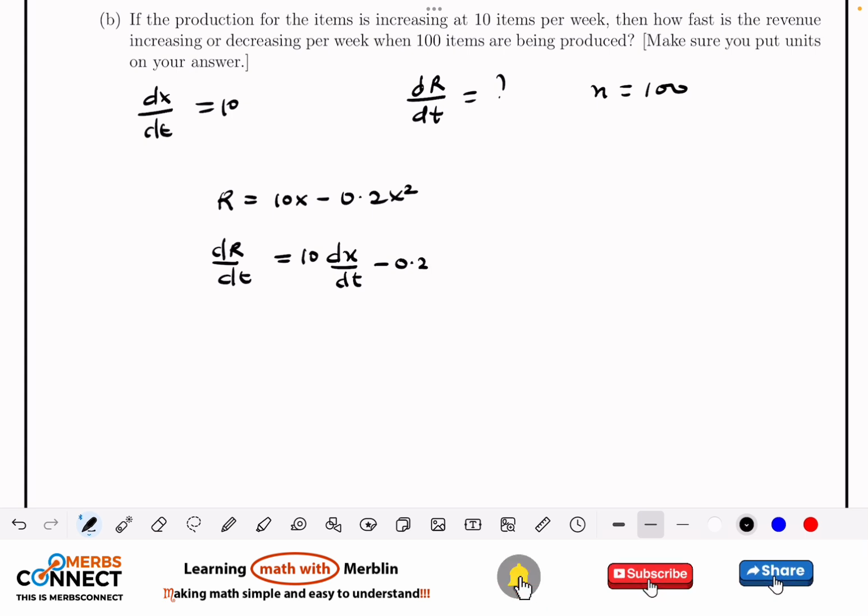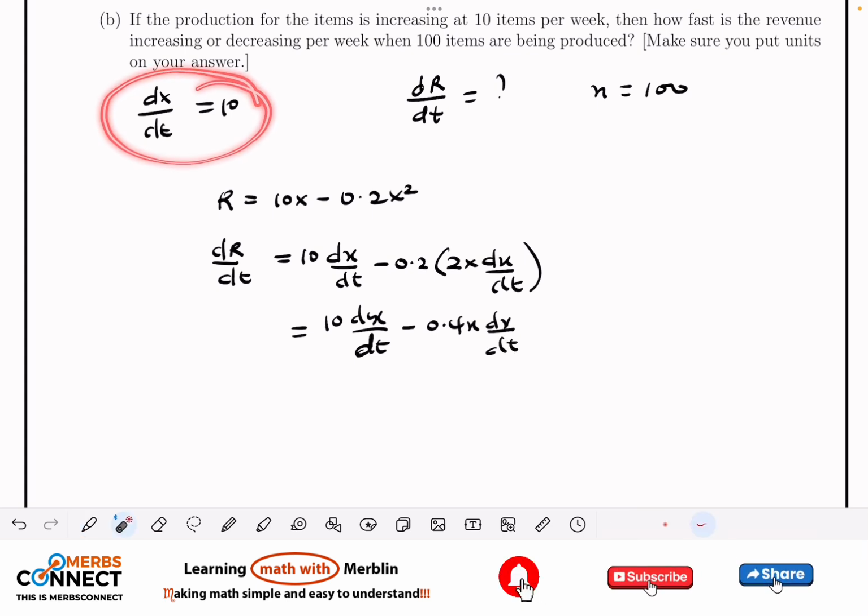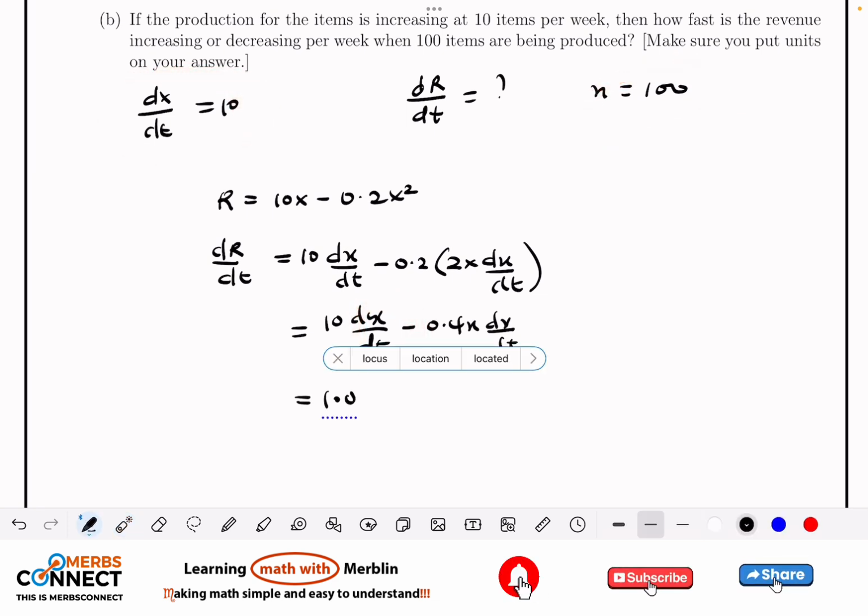Minus, when I bring 0.2 out and differentiate x squared, I get 2x dx over dt. Simplify: 10 dx over dt minus 0.4x dx over dt. Fortunately, we have dx over dt to be 10 and x to be 100, so we can estimate the change in revenue.